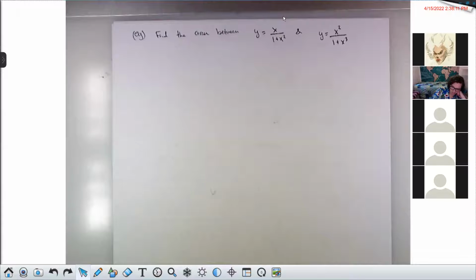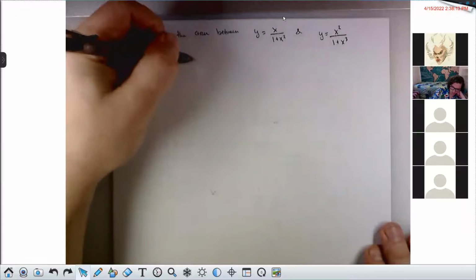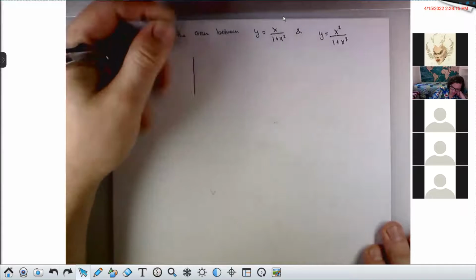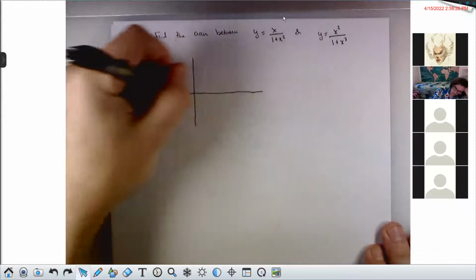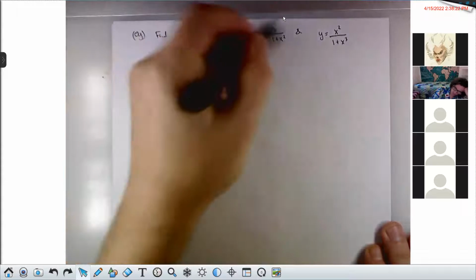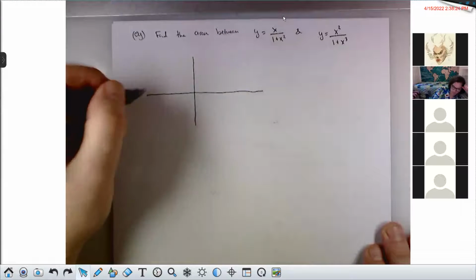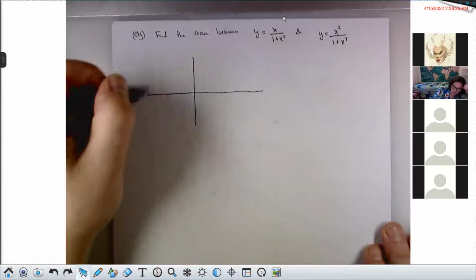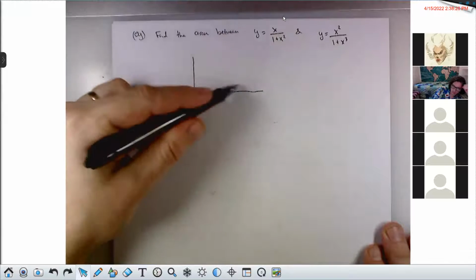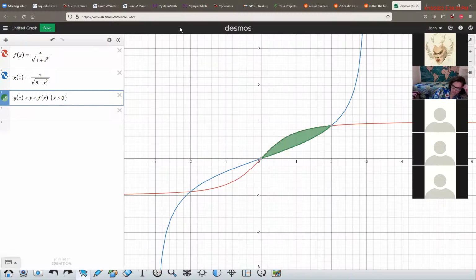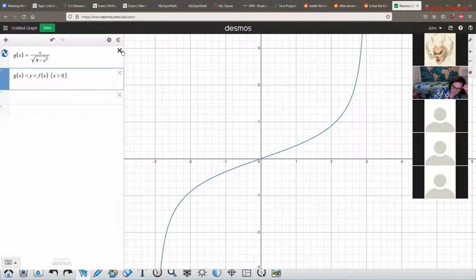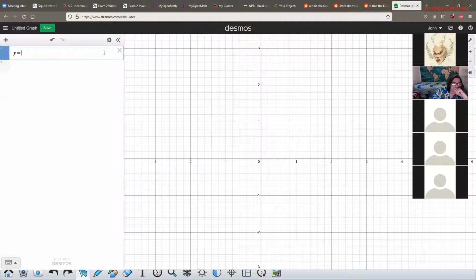All right, so don't feel bad if these aren't jumping out at you right away. And I will go ahead and look at these in Desmos before I draw them, because even though we know this is like a serpentine thing, this negative over here goes cool S-curve shape, I want to get the relative scales correct.